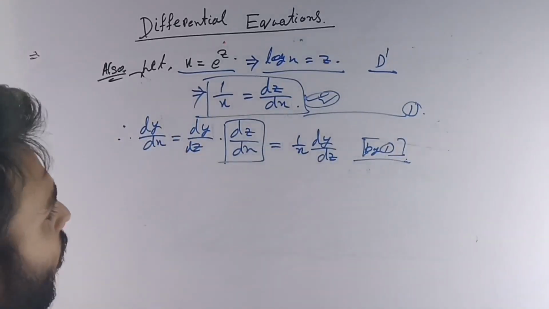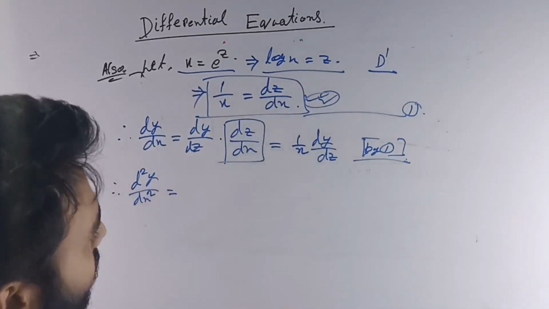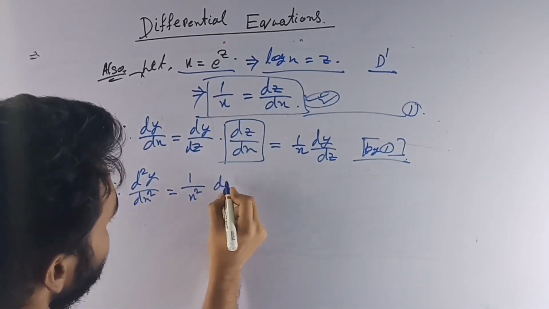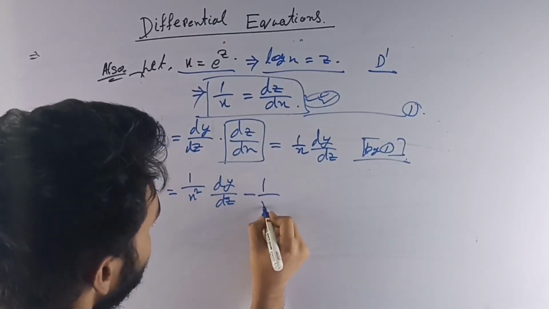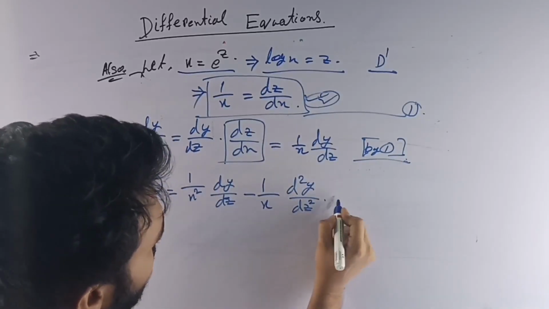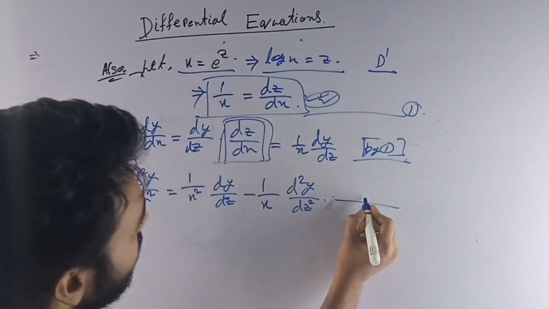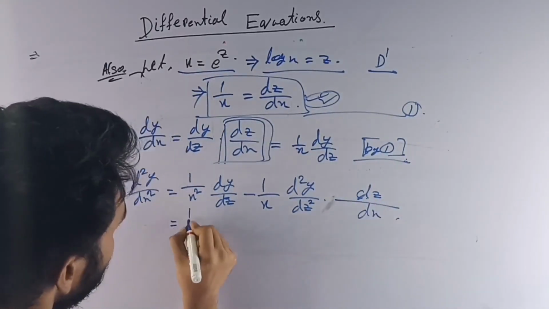Now d2y by dx2, the second order derivative, becomes 1 by x square times dy by dz plus 1 by x times d2y by dz2 times this dz by dx, that is very easy.